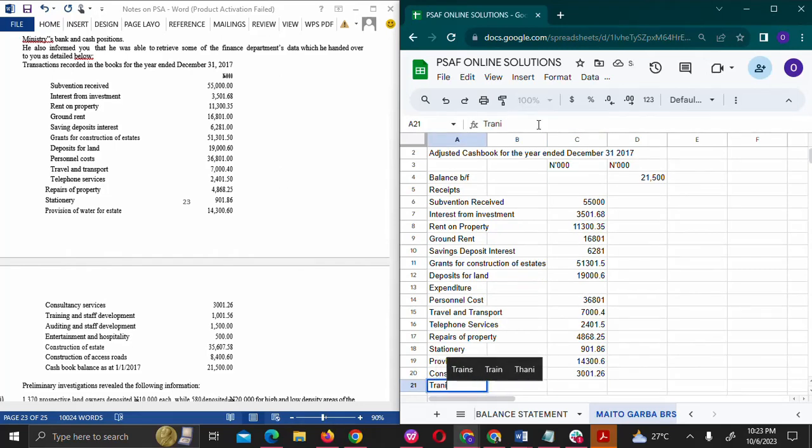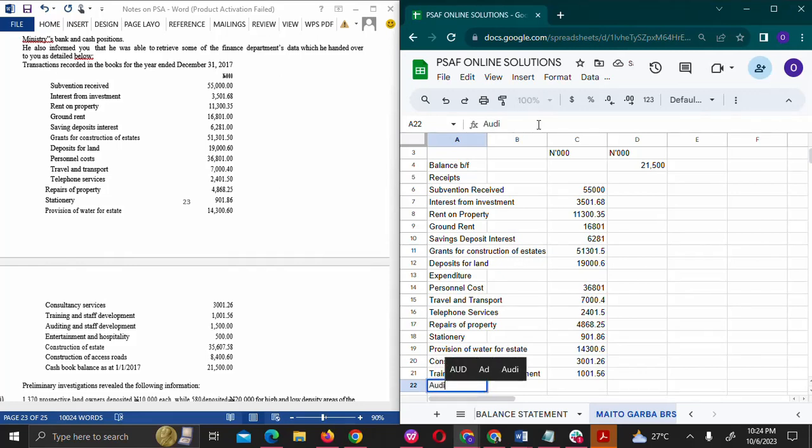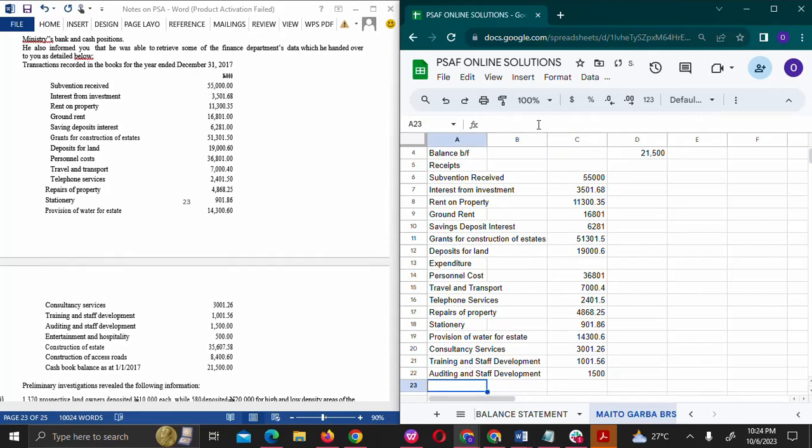Then we have training and staff development, 8,001.56. Auditing, 1,500.